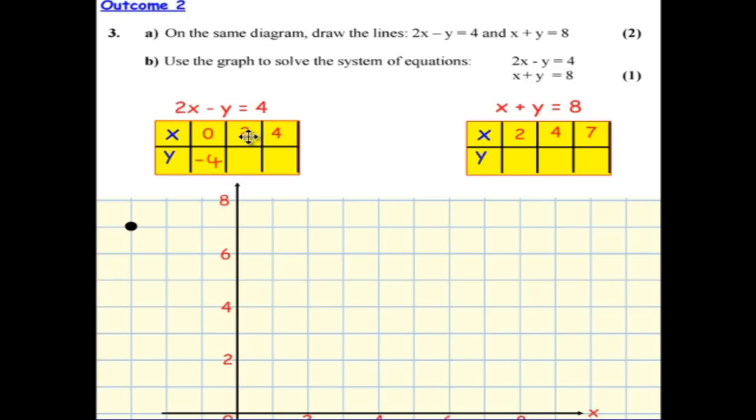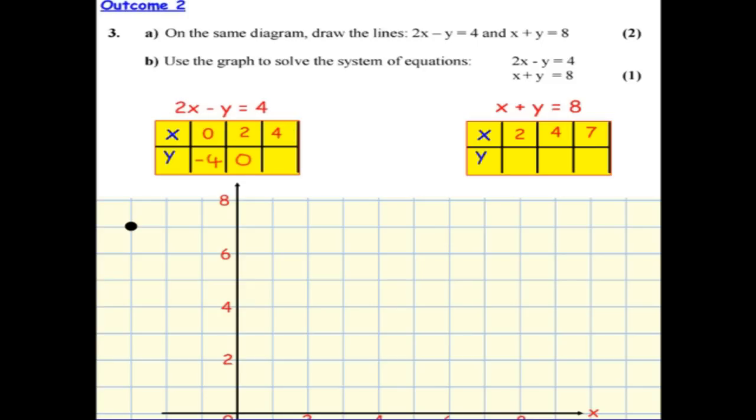Now we fit the value of x equals 2 into this equation. 2 times 2 is 4, minus y is equal to 4. 4 minus 0 equals 4. So the value of y in this case will be 0. So we fit 0 into the table. Finally, x is equal to 4.